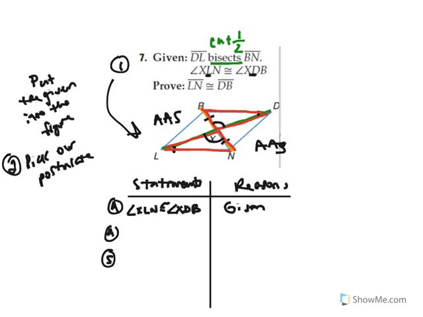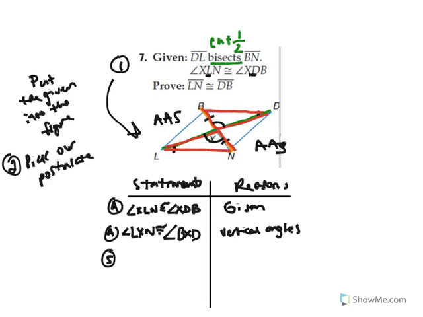Given. The next angle that we know, angle LXN is congruent to angle BXD. How do we know that? Vertical angles.